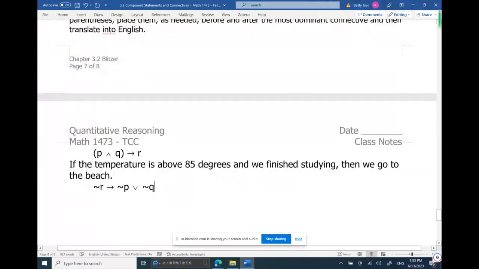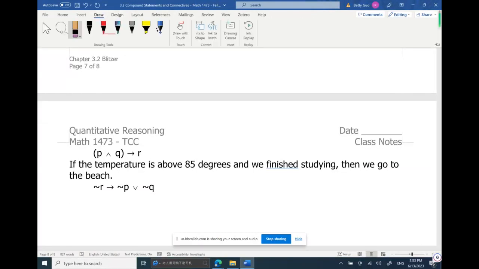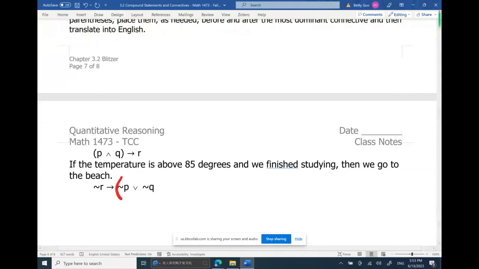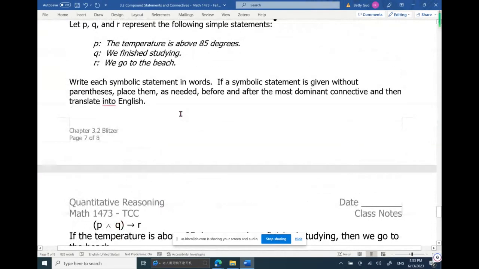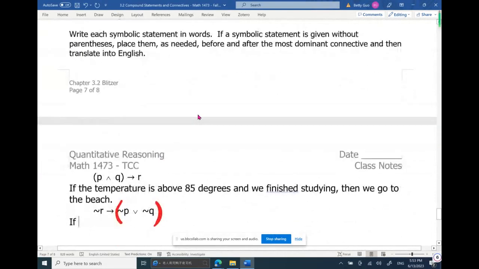The second one is a conditional as well. To make it clear, I'm going to place a parenthesis here to frame the consequent. The antecedent is not R. R is we go to the beach. Not R would be we do not go to the beach.